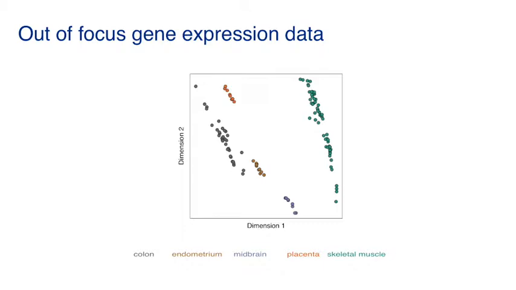This sample and this one are pretty far apart, and these 2 are pretty close. So we're saying that these 2 colons are very far, but this colon is very close to this, I think that's endometrium. That is not in accordance with what we know today about how gene expression differs from tissue to tissue. So there's probably a problem with this data.